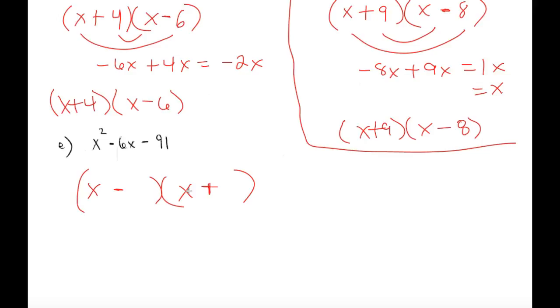So acting as if you don't remember that, one thing that you can do to help you out is to remember, okay, what times what has the last digit of a 1? And so one of the things that comes to mind, of course, 1 times 1. But the next thing that comes to mind is, what about 3 times 7? Because 3 times 7 is 21.